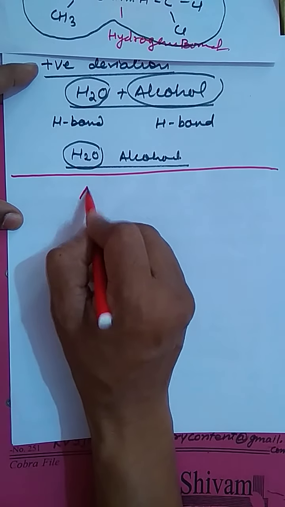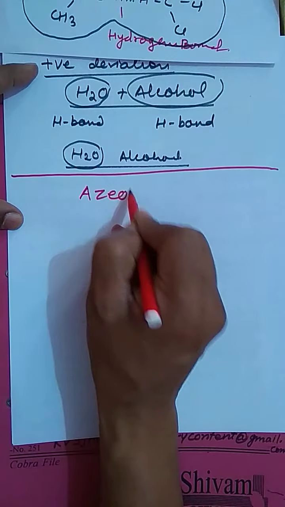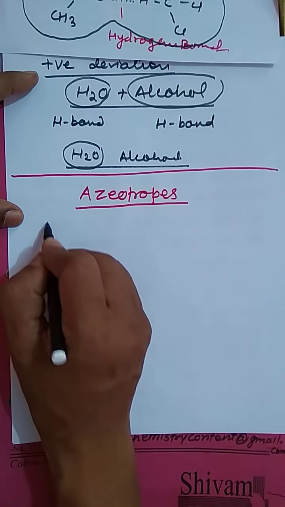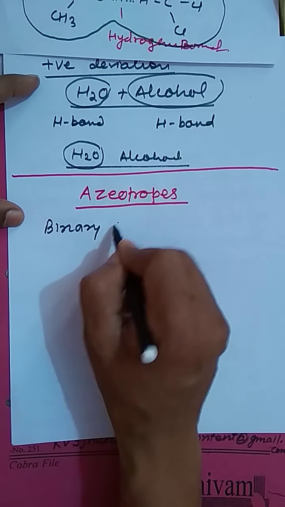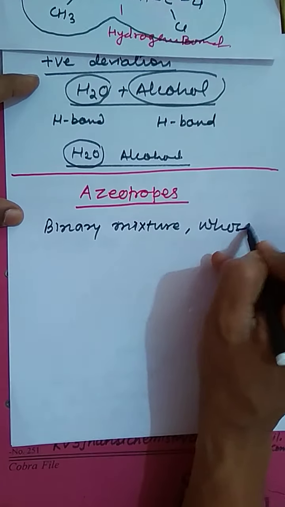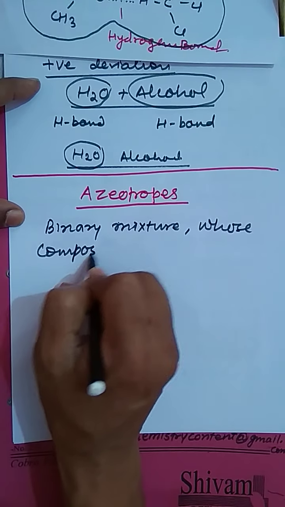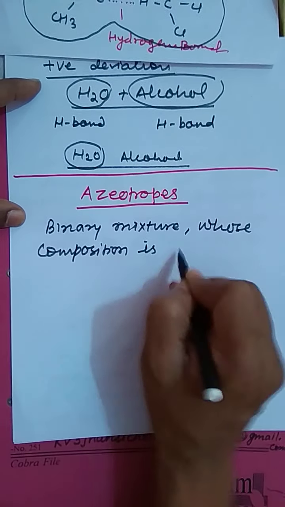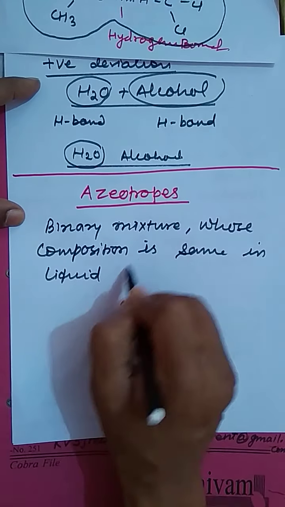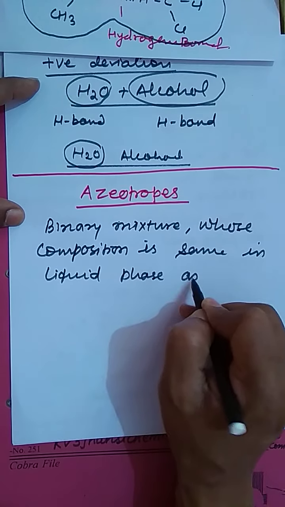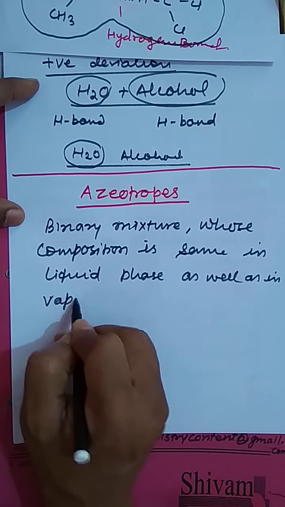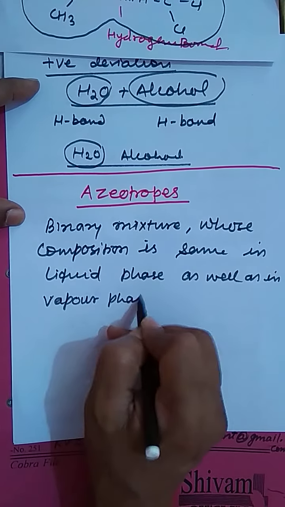This is azeotropes. Azeotropes are actually binary mixtures whose composition is the same in liquid phase as well as in vapor phase, right?